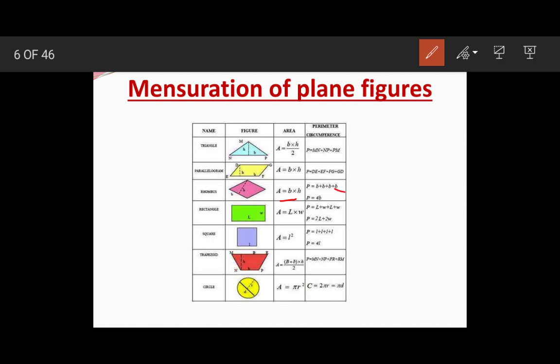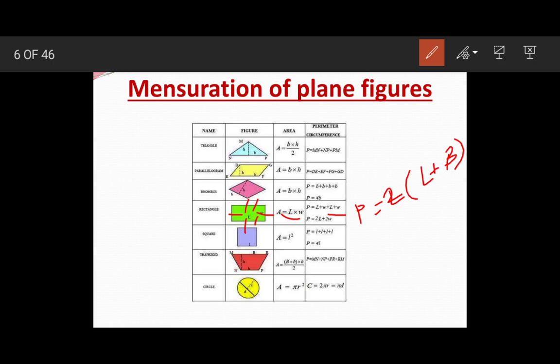Perimeter is the sum of all the sides, but opposite sides are equal in a rectangle, therefore perimeter is 2 into (L plus B).